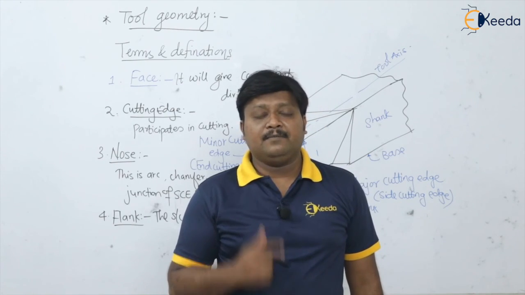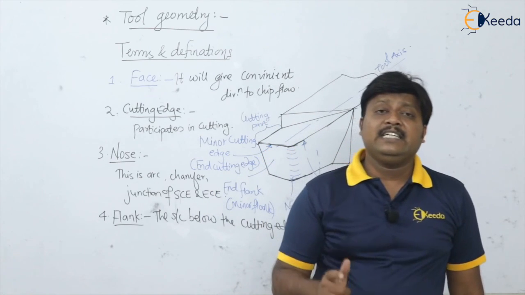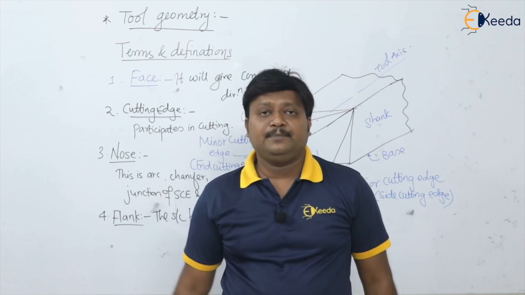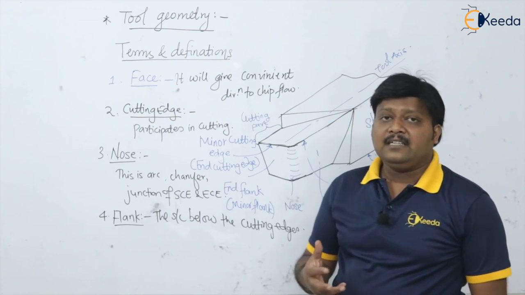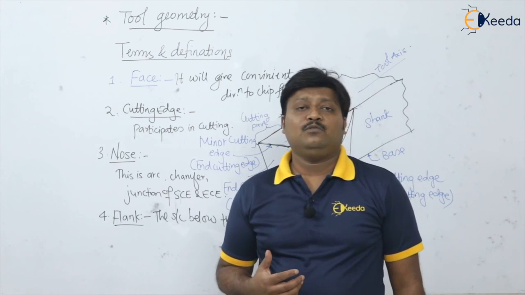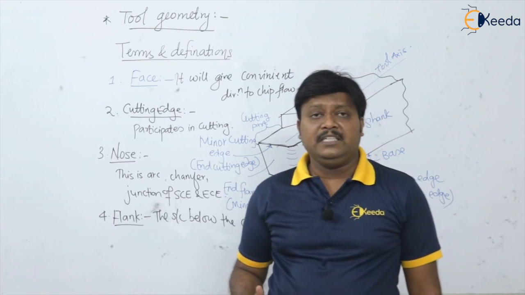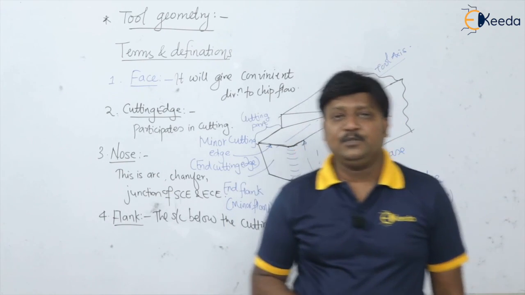So with intense care we have to select the values of various tool angles in the tool geometry. So we are going to understand the various angles, and how these angles are represented on the single point cutting tool. So that we will continue. Thank you.